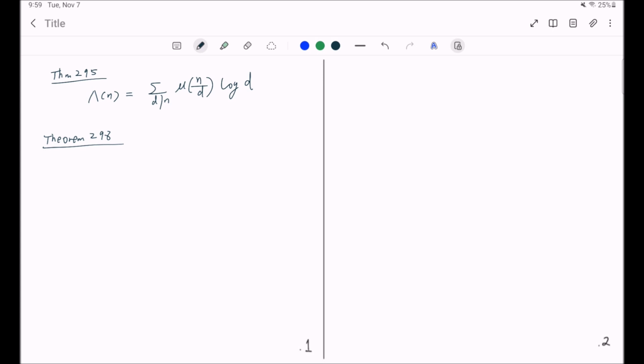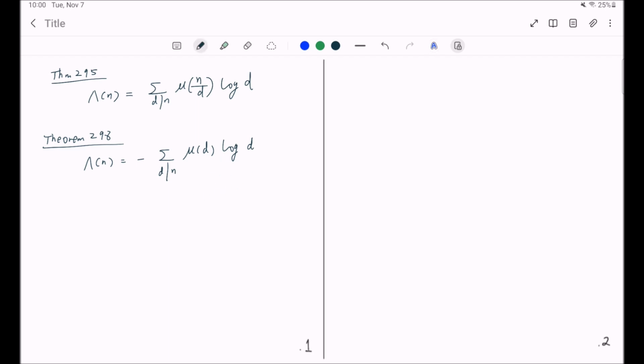At the end of this section, let us prove another interesting theorem that looks pretty similar to this one. We'll show that lambda of n is also equal to the negative summation of mu of d times log of d for d divides n.